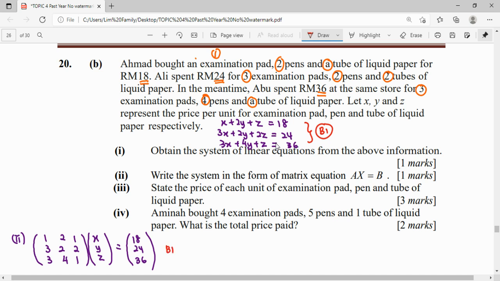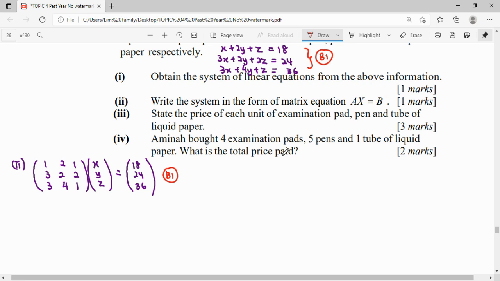Then for question 3, we have to find out the price for X, which is the examination pad, Y is the pen, and Z is the tube of liquid paper.